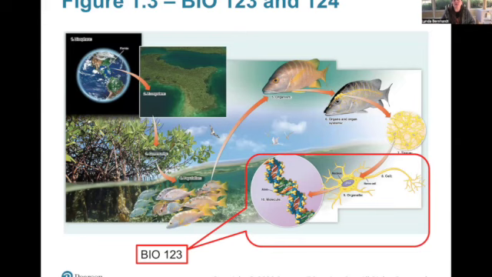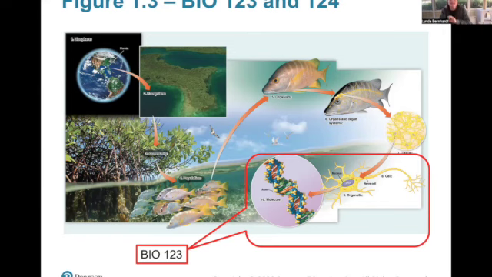Biosphere, the Earth, that's the largest, the most inclusive. And then it goes down and down and down. So if you're going from largest to smallest, it is biosphere, ecosystem, community, population, organism, organs and organ systems to tissues. All of that is Bio 124.